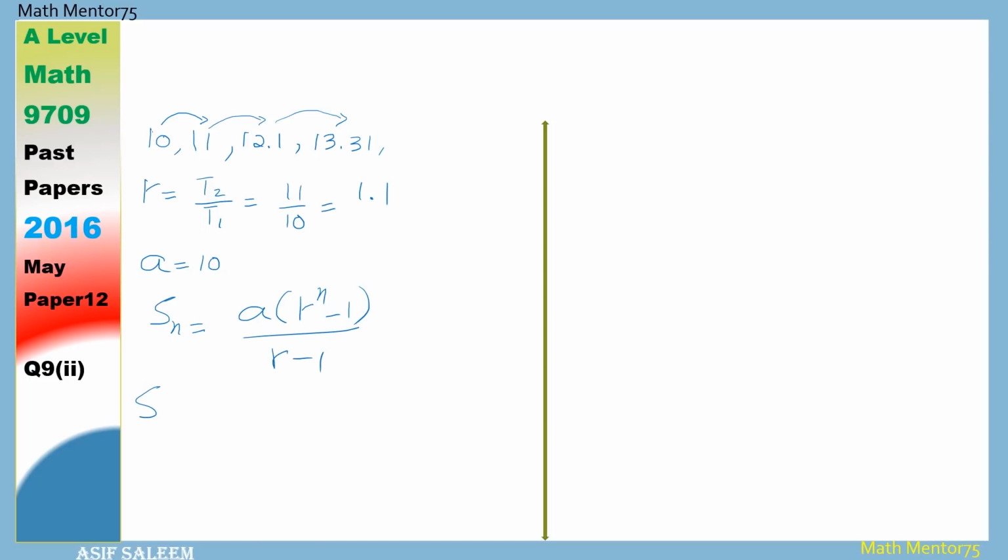We have to find out the sum of 30 days. So n is 30, A is 10, (1.1^30 minus 1) over 1.1 minus 1. Now use your calculators to find out this value.